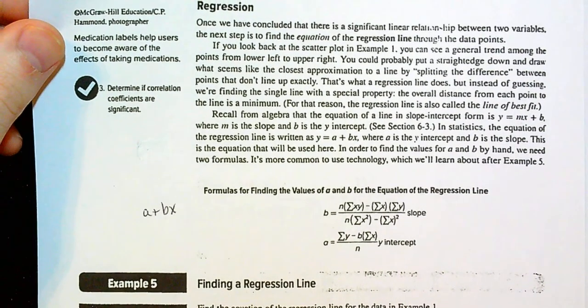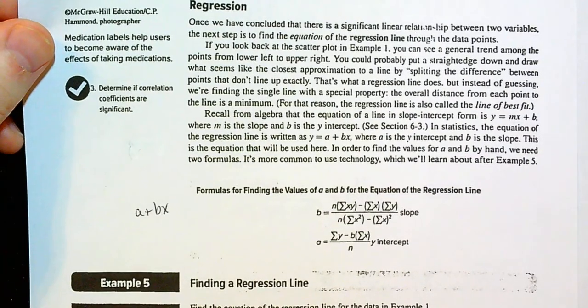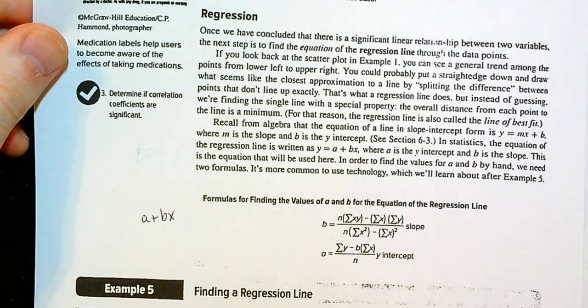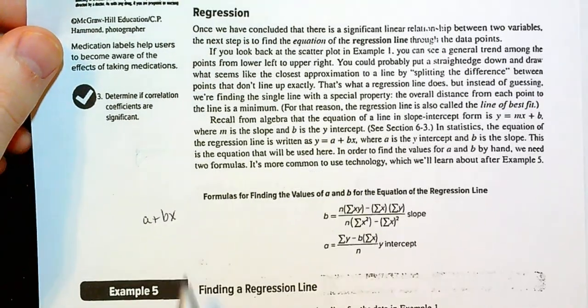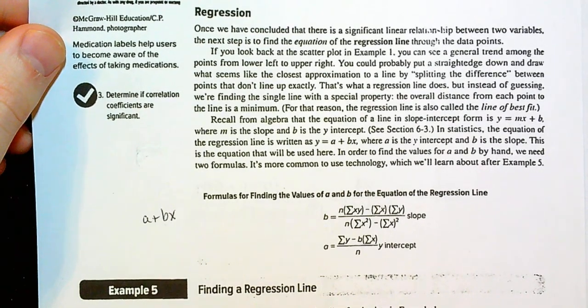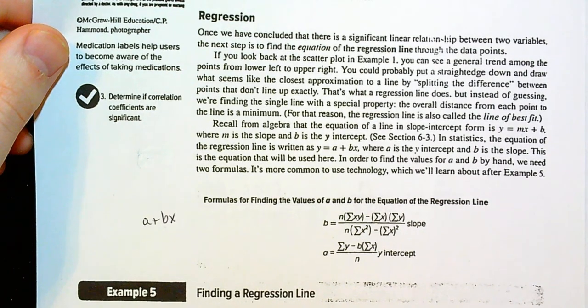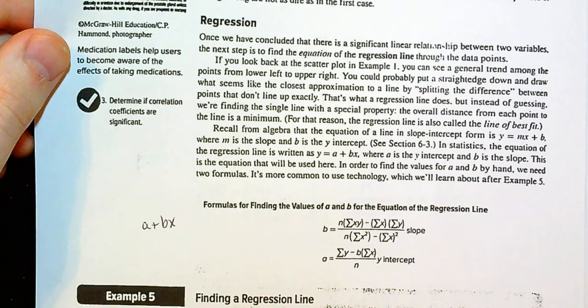So once again, I'll challenge you, finish off this problem on your own, do the calculations, figure out your A and your B values, and once you think you have those, plug them into this guy right here. So press pause, solve the rest of the problem on your own. Once you think you have the answer, press play, and we'll see if you were right.